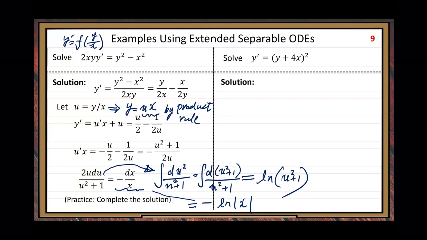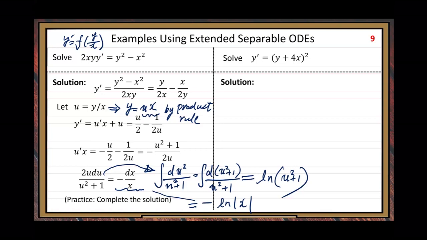Next, the solution for the second question. This time, before we do anything on it, it's not separable, right? When you look at it at first sight, it's not separable.